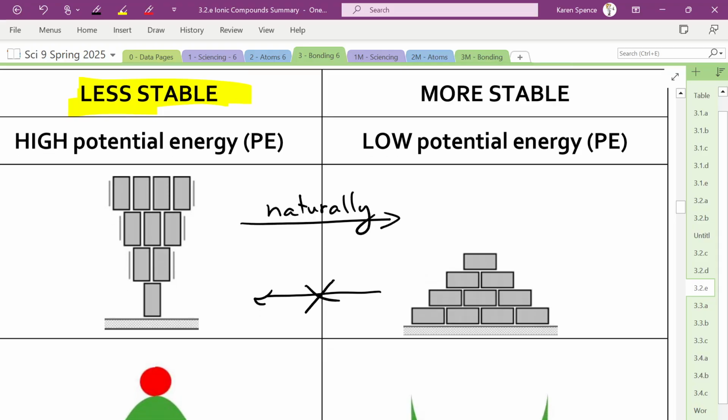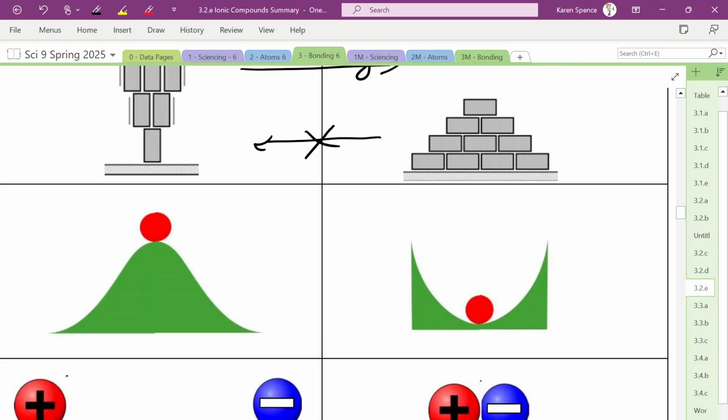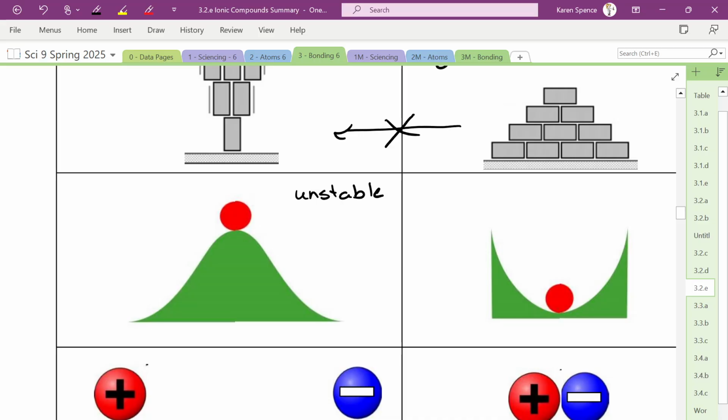It's a little more obvious if we look at this next one. This is unstable. Is this high potential energy or low potential energy? High potential energy.